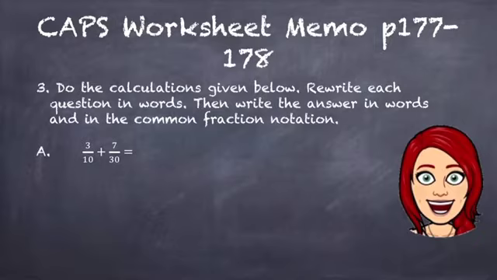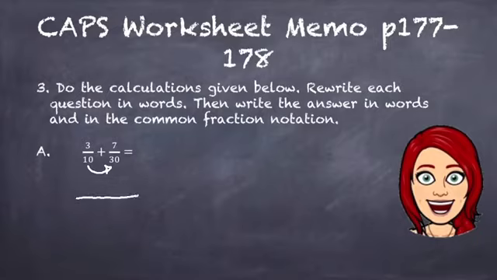Do the calculations given below. Rewrite each question in words, then write the answer in words and the common fraction notation. I'm going to do the words last. We're going to do the common fraction notation first. 10 and 30 are not the same, so I've got to do something to the 10 to make it 30. I'm going to multiply with 3.